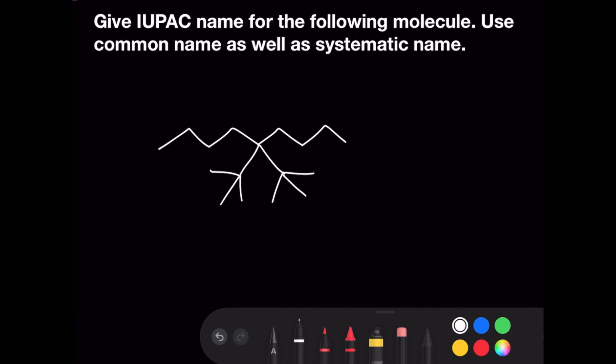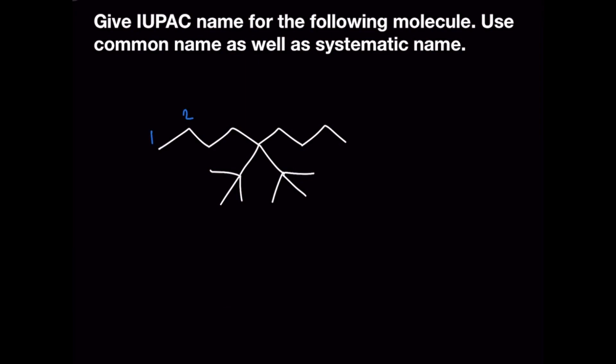Let us start numbering 1, 2, 3, 4, 5. If we go down that way, then we will end up with only a 7 carbon chain. So, we should not do that. So, that is not our long continuous carbon chain.